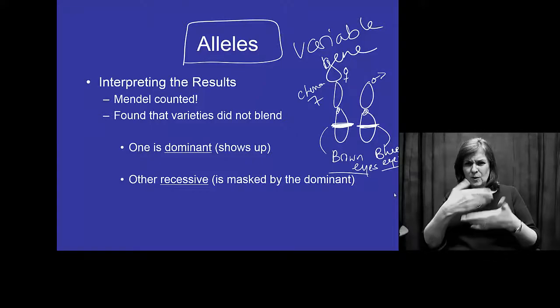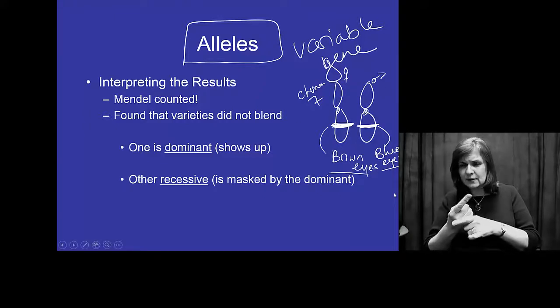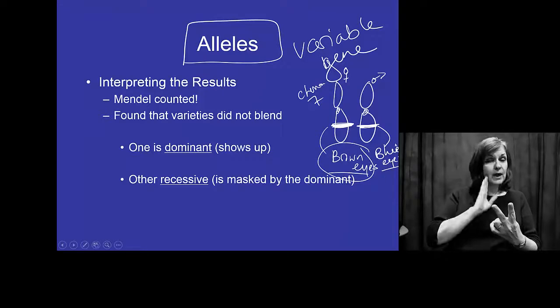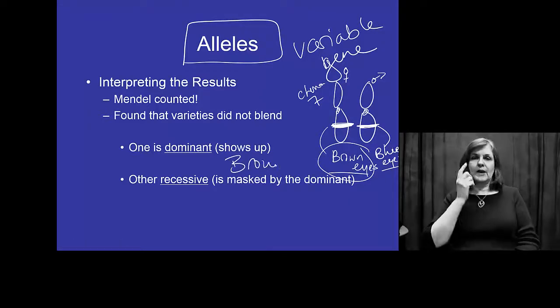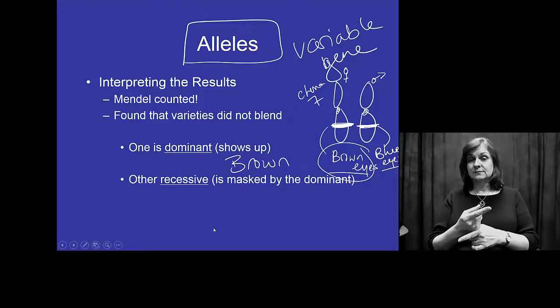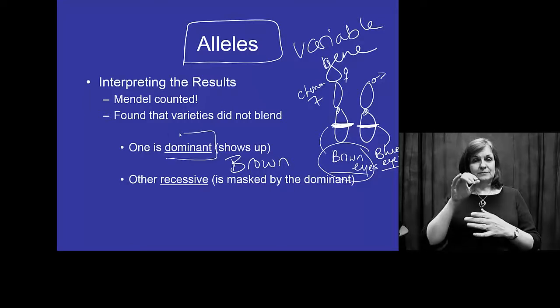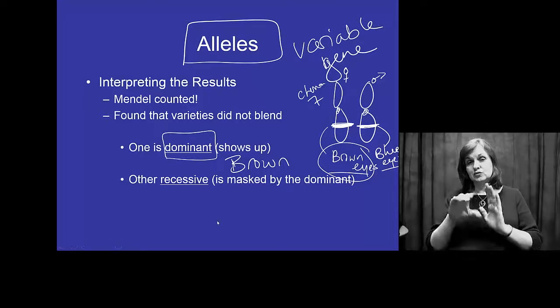Well, you don't typically get one of each, so we've got to figure out what's going on. What would show up from this? If one says brown eyes and one says blue eyes, you're actually going to get brown eyes. When that occurs, we say that this is a dominant trait. That's what's going to show up if it's present.